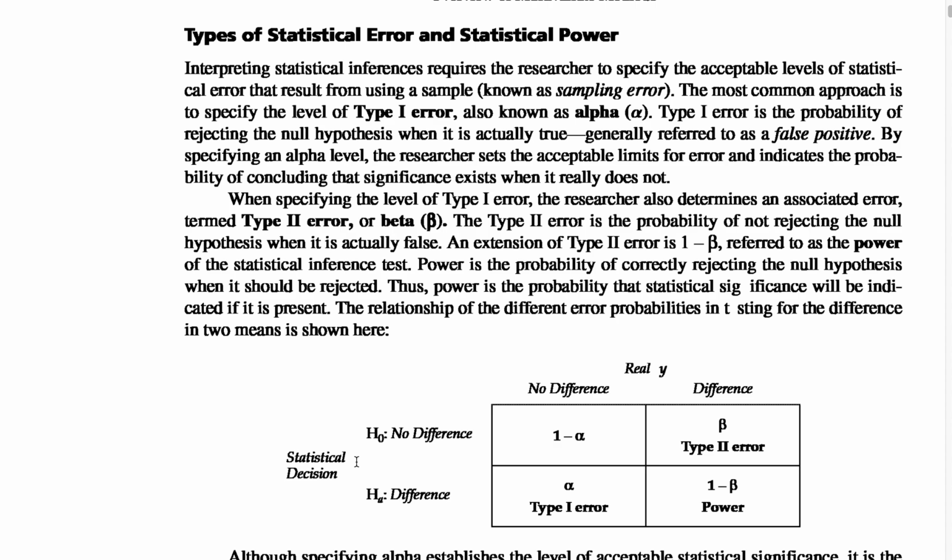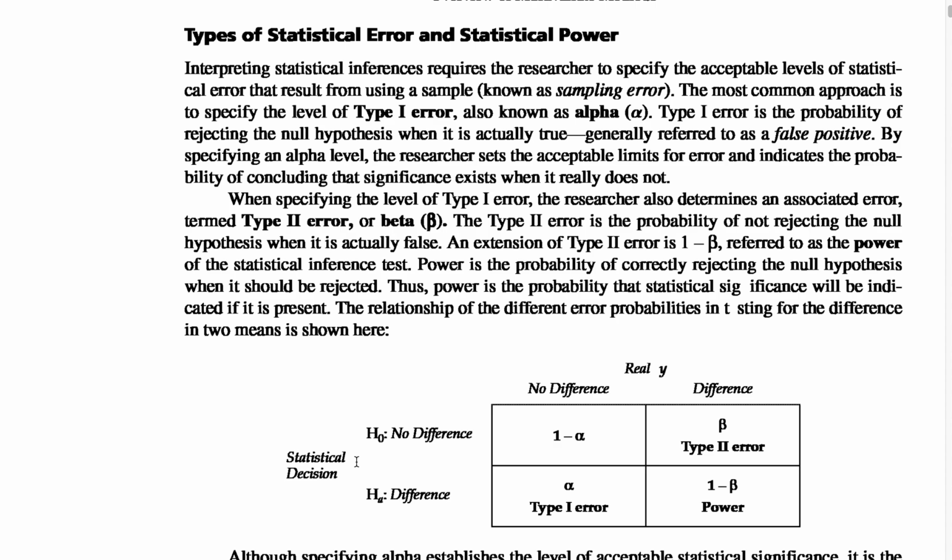In statistical error, there are alpha error, which we call type 1, and beta error, which we call type 2. Let's talk about that. Interpreting statistical inference requires the researcher to specify the acceptable level of statistical error that results from using a sample, known as sampling error. The most common approach is to specify the level of type 1 error, also known as alpha.